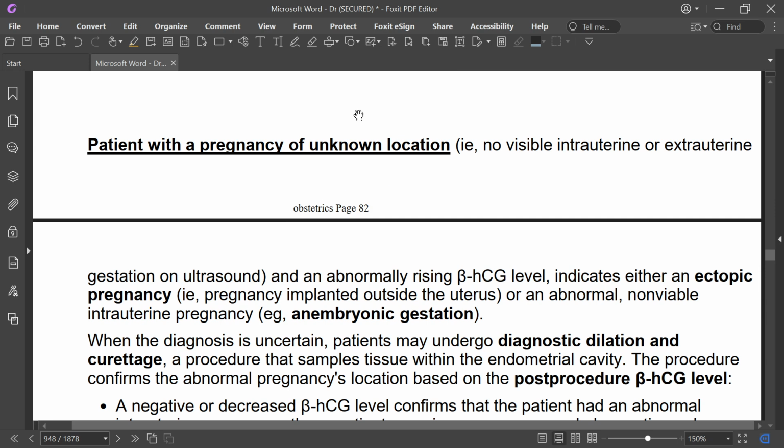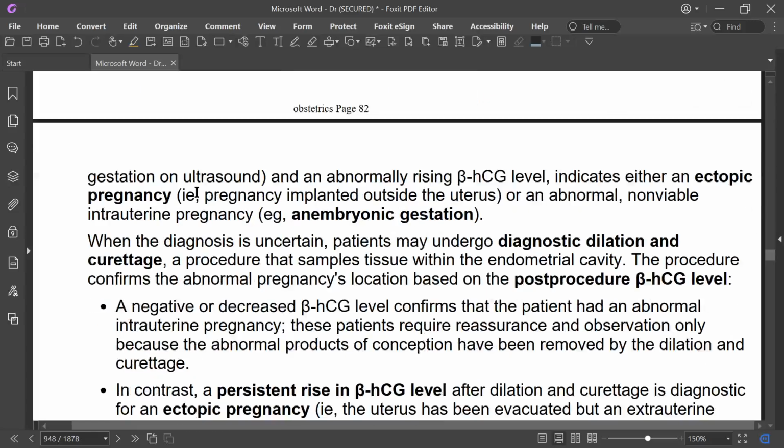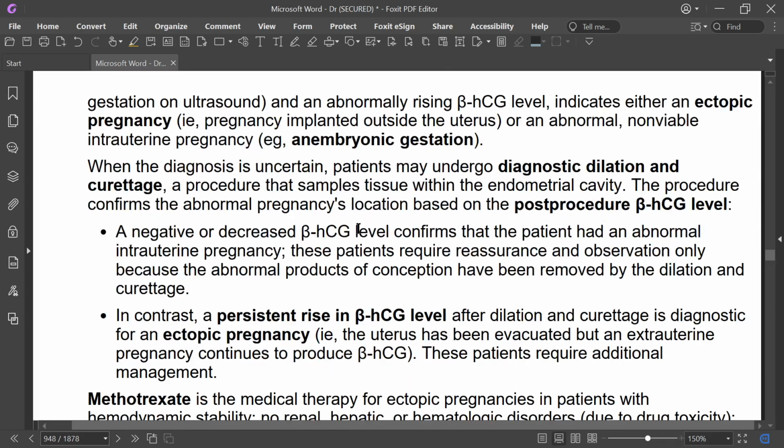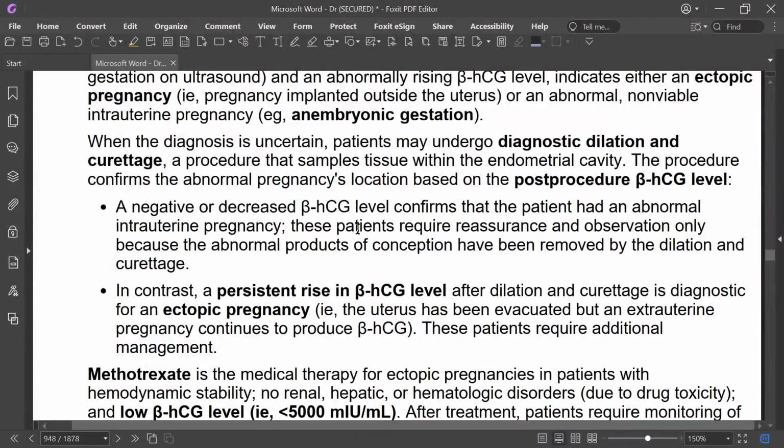A patient with pregnancy of unknown location, that is, no visible intrauterine or extrauterine gestation, and abnormal beta HCG level indicates either ectopic pregnancy, non-viable intrauterine pregnancy, or anembryonic gestation. When the diagnosis is uncertain, the patient may undergo diagnostic dilatation and curettage, a procedure that samples the tissue within the endometrial cavity.